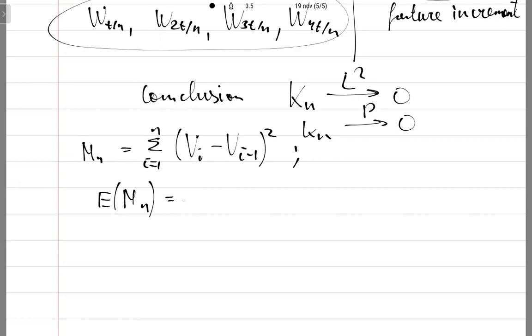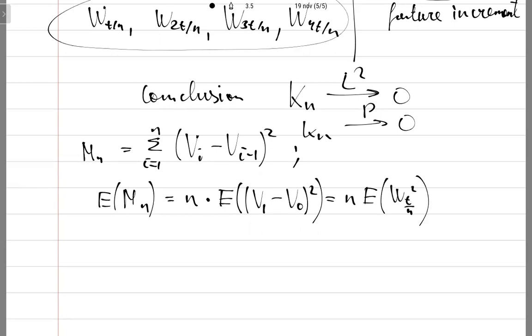It will be n terms times the expected value of V1 minus V0 squared. And I can calculate it: what is V1? V1 is just WT over n. What is the expected value of WT over n squared?